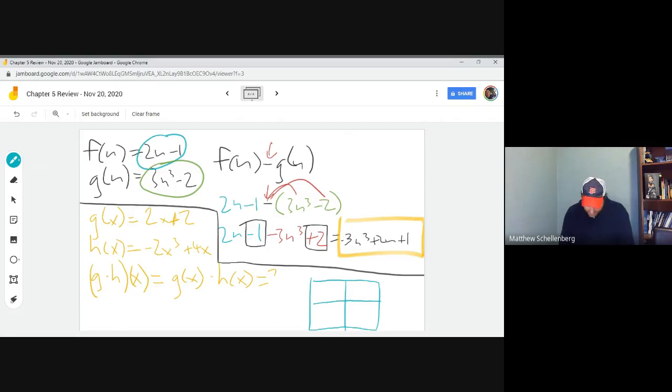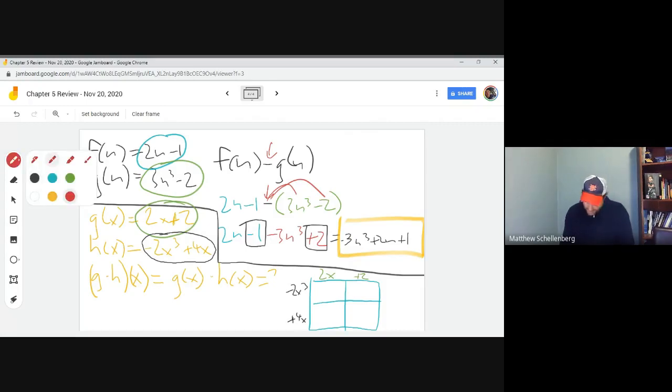And so let's try to color code this as well. 2x plus 2. So we'll make this right here 2x and plus 2. And we'll make this one right here this stuff right here. So we'll have minus 2x cubed and plus 4x.